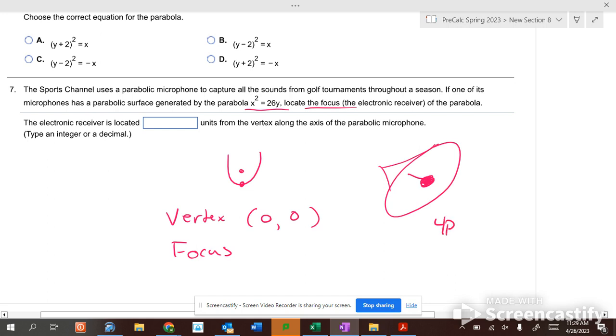Because 4p is going to equal, in this case, 26. So if we divide by 4, p is going to equal 6.5. So it's going to be 6.5, actually. But basically they're looking for the 6.5 units.